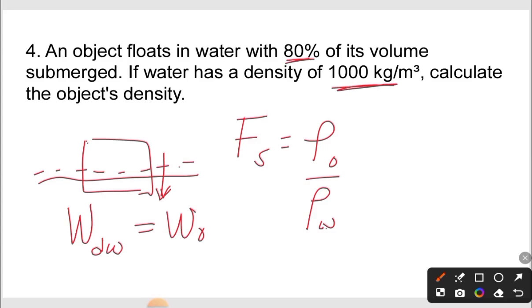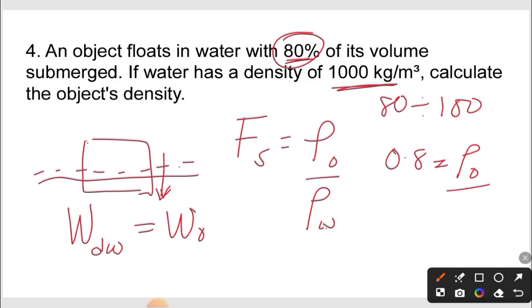So this is the fraction submerged. How do we know? 80% is 80 over 100. Now 80 over 100, divided by 100, we are going to have 0.8 equals, so what you want is the density of the object. We don't know that.